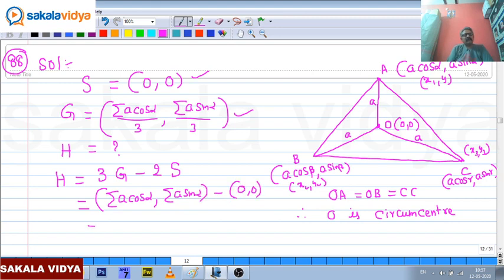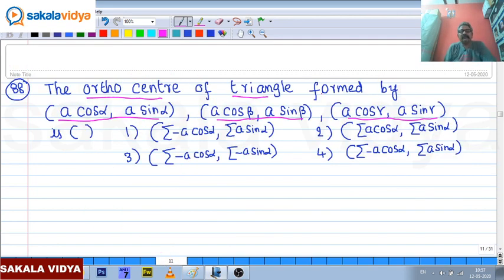So we get sigma a cos alpha, sigma a sin alpha. That means this is the orthocenter. So second option is the right option. Here actually first option, fourth option are same, change like this, minus a. So obviously second option.